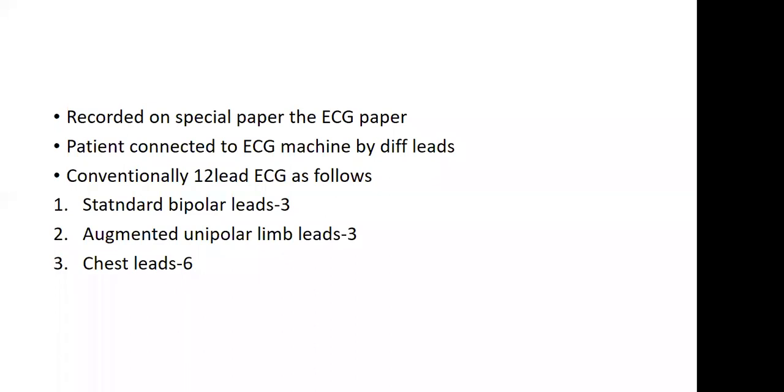Which means that in one big square, 5 small squares can be accommodated. With 5, the answer is 0.2, which means a big square.